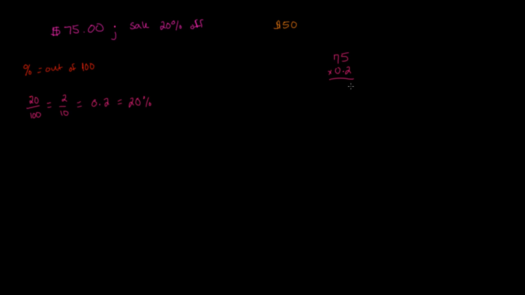2 times 5 gives me 10, carry my 1. 2 times 7 gives me 14, and then I get that extra 1, so I get a total of 150, or 15 there if you add them up. And because I started with 1 decimal place over here, I need to carry that back into my answer.